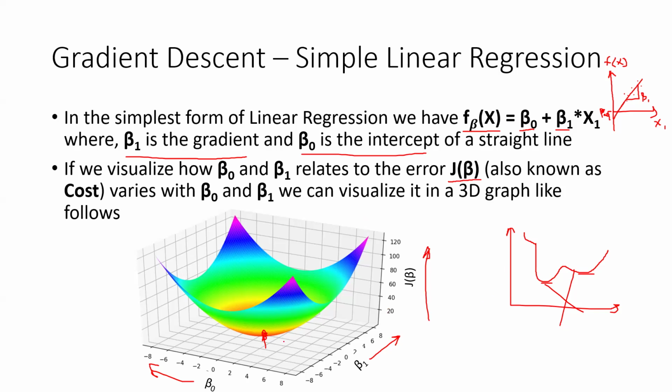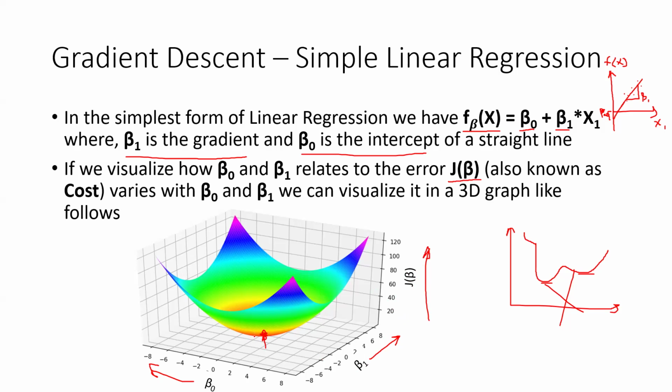So this is a 3D visualization, right? We are going to see how to solve this problem. The problem is that we want to find the exact beta 0 and beta 1 values which minimize this J beta value, right? That means we want to find the minimum point of this curve, which is this point, right?